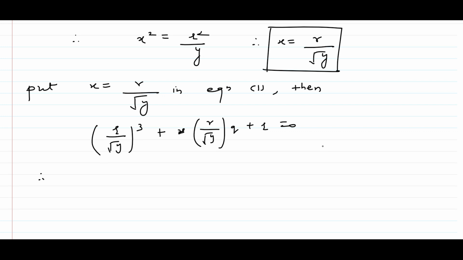First of all, simplify the first expression. It will give r cube over root y to the whole power 3, plus q r over root y, plus r is equal to 0.